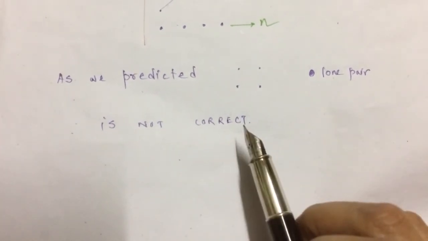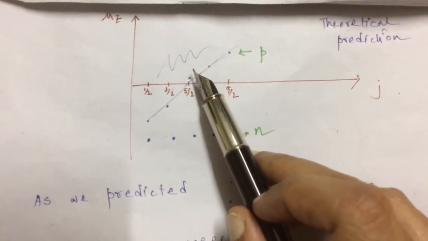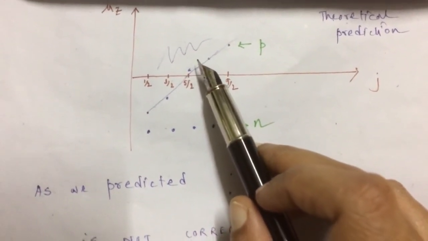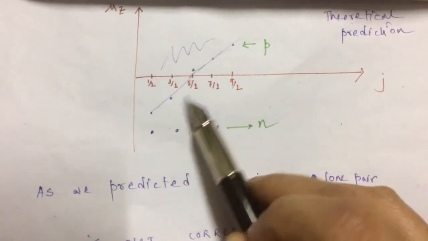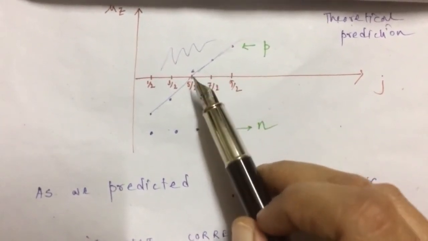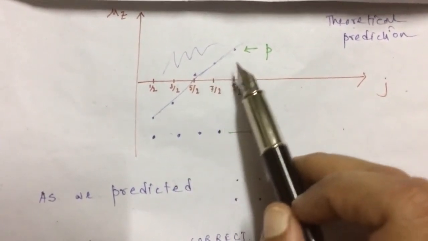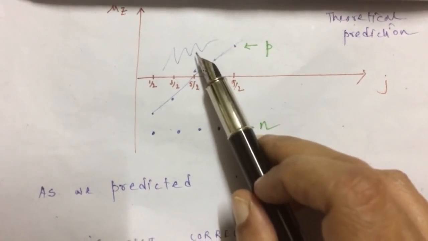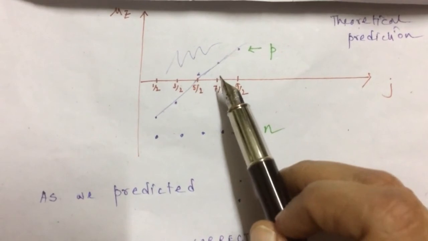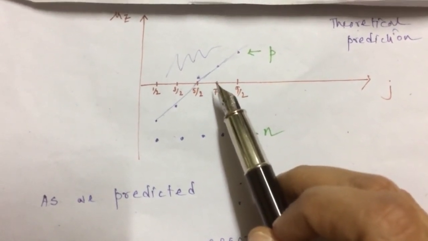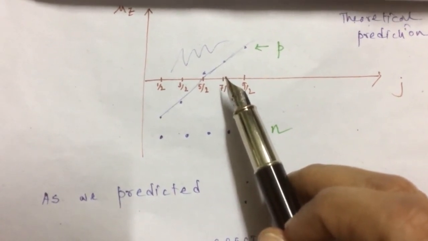This is not correct, because that assumption does not lead to a matching of theoretical values, which are called Schmidt values, with the experimental values. The matching is not quite good, as we can see. So we now need to consider the contribution of other nucleons also.